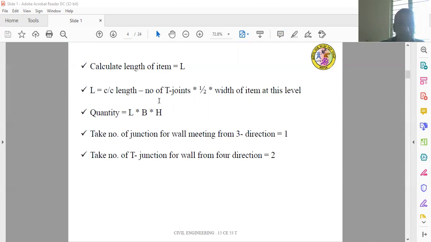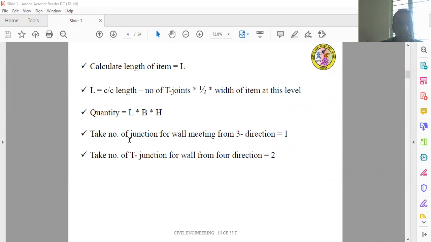Then, knowing the number of joints, you multiply it by 50% of the width of the particular item. After getting the L value from this formula, the quantity of each item of work is equal to L into B into H.